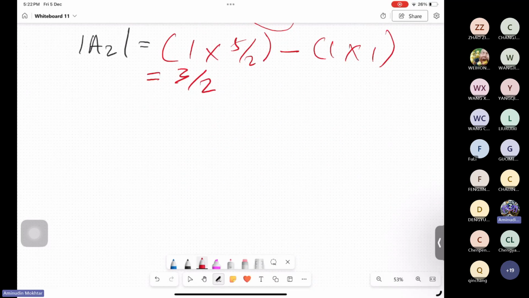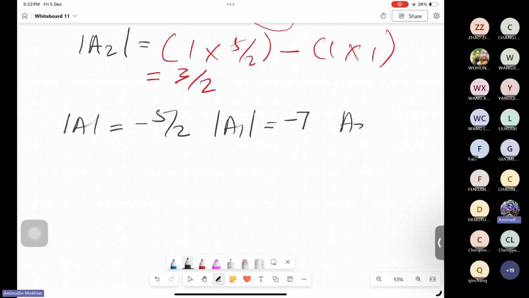Again, in summary, the determinant of A is negative 5 over 2. The determinant of A1 equals negative 7. The determinant of A2 equals 3 over 2. These three determinants are very important in Cramer's rule, so I hope you can remember this.